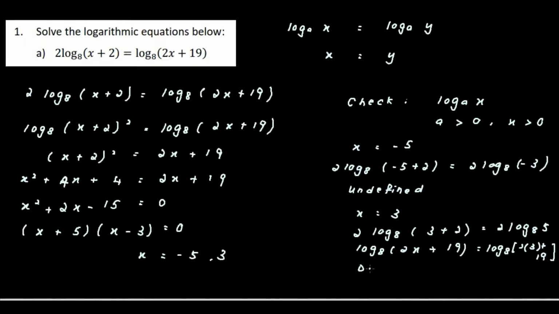So that's why they are defined. Okay, so the solution here, sorry, I don't have enough space to write here, so the solution will be x equals 3. Okay, so just to repeat, the purpose of checking is to make sure that your a and x are not negative.